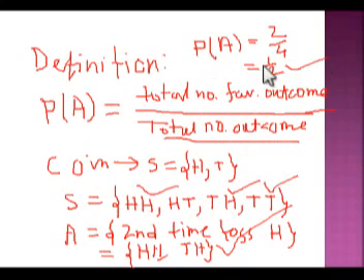And one thing you can look at: probability always lies between 0 and 1. It may equal 1 if the incident is a certain incident, like taking a coin which has head on both sides.